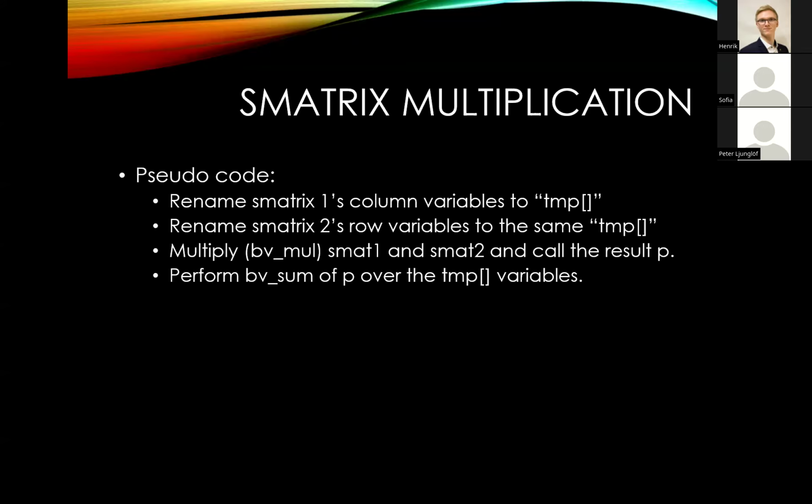So I would expect you to be taking the row variables in matrix 1, renaming them to some column variables. Yeah, because think what you want to add together is as you go down the first row and the first column, you get all of those together. And that's the ones you want to add together. And that's why we do the column of the first and the row of the second. Yeah. 2 new variables and add them up. I agree.